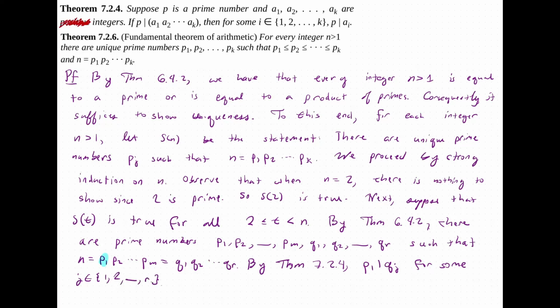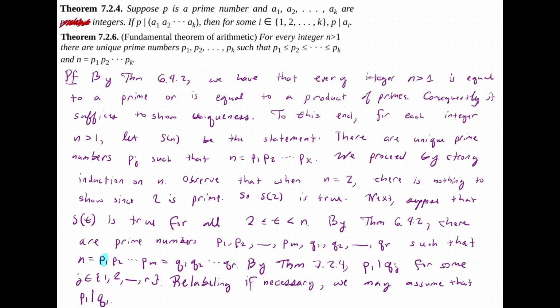And now we're going to do a relabeling. So relabeling if necessary, we may assume that P1 divides Q sub 1. And so here's what this means. We know that P1 divides one of these prime numbers.